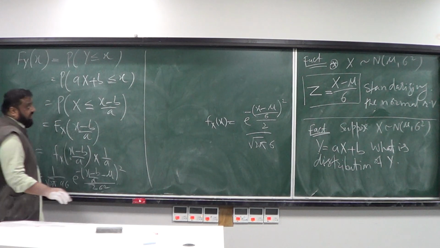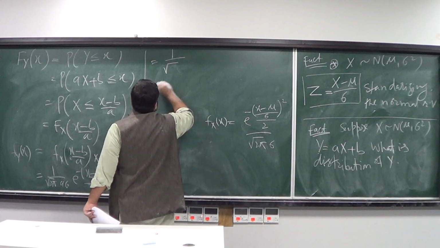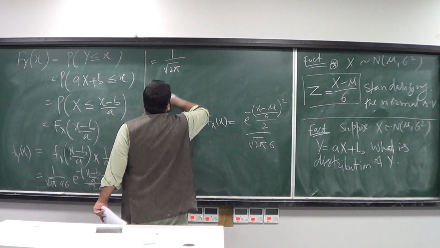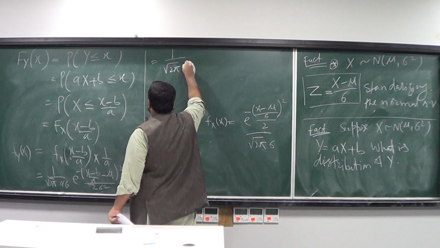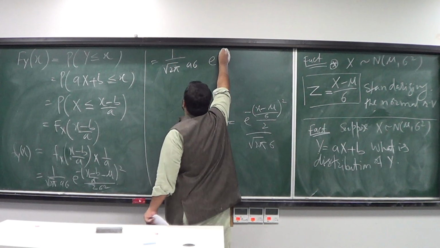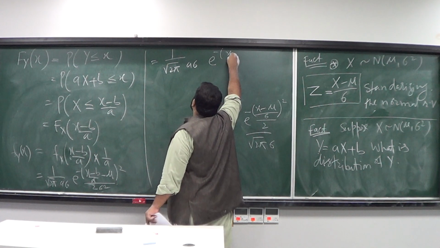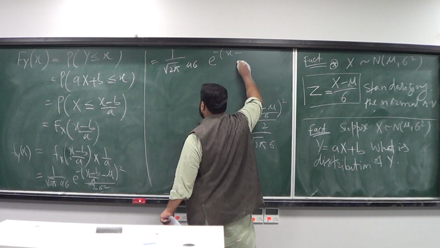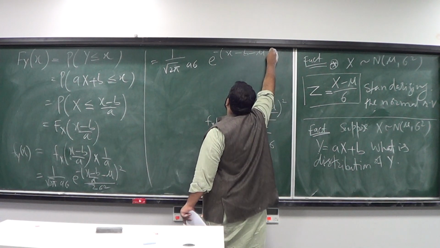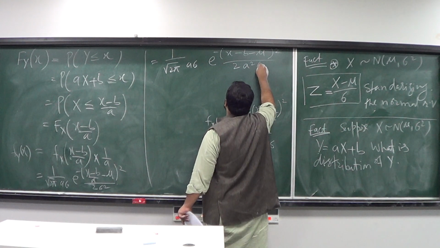So if you simplify this a bit further, you're going to get 1 over the square root of 2 pi a sigma, and e to the minus (x minus b minus a mu) square over 2 a square sigma square.